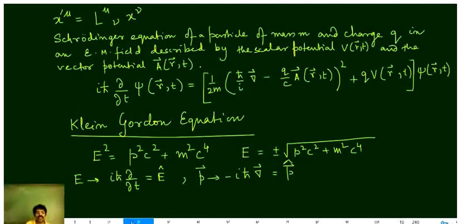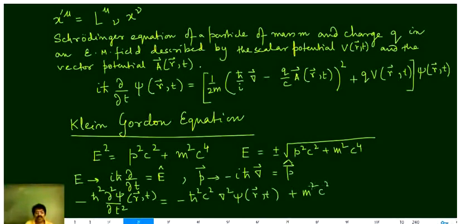So what we get is minus h cut square del 2 psi(r,t) del t2 is equal to minus h cut square c square del square psi(r,t) plus m square c to the power 4 psi(r,t).